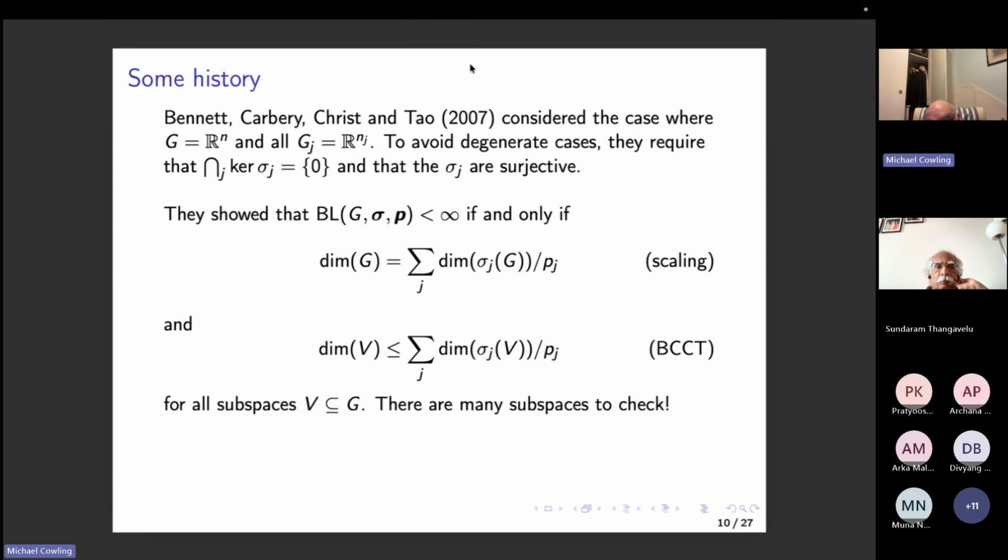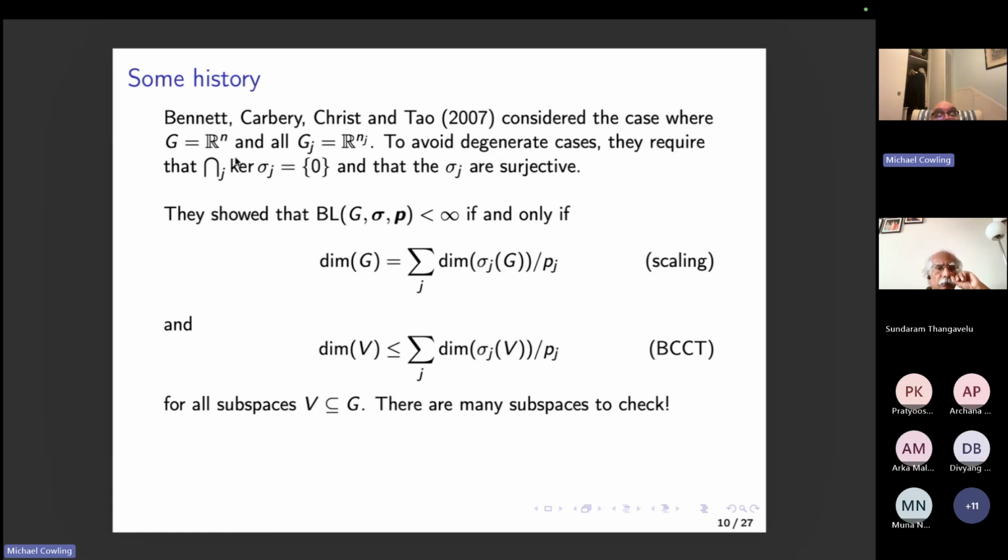And now just a little bit of history. I mentioned already that Brascamp and Lieb, and this was around roughly 1990, considered the generalized multilinear version of Young's inequality. And then Bennett, Carbery, Christ and Tao considered the case where all of the spaces are Euclidean spaces.